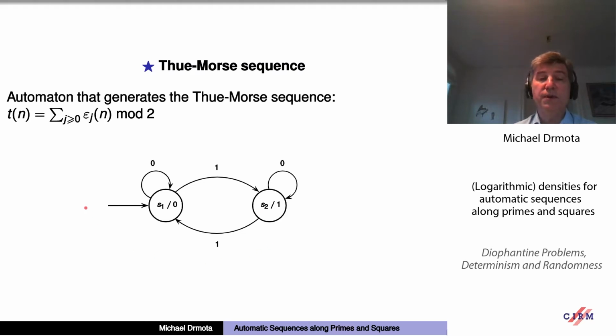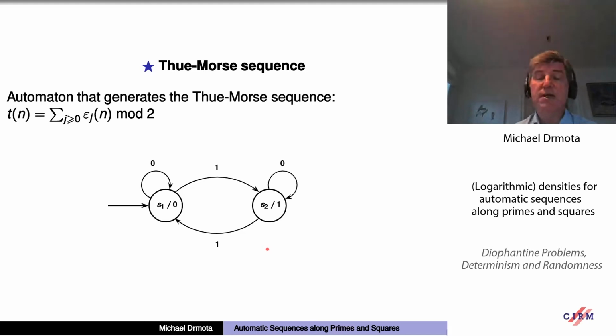If you have an even number of ones in the expansion, you come back to the first state and the output will be 0. If you had an odd number of ones, you end up in the other state and the output will be 1. So this automaton generates the Thue-Morse sequence.